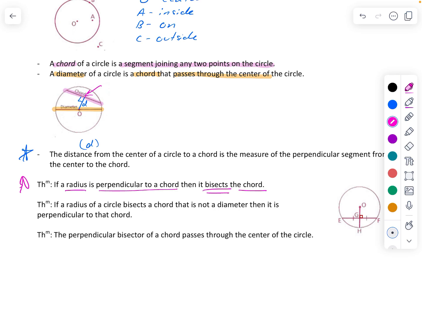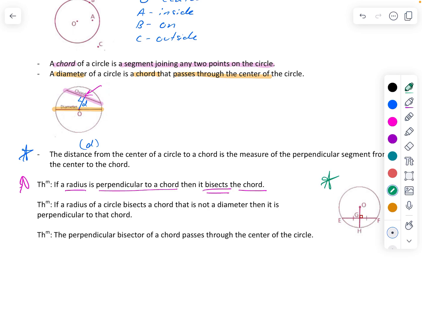So if a radius is perpendicular to a chord, it bisects the chord. If a radius bisects the chord, then it's perpendicular. And the perpendicular bisector of a chord passes through the center of the circle. So on this picture to the right over here, we have all of that, right?